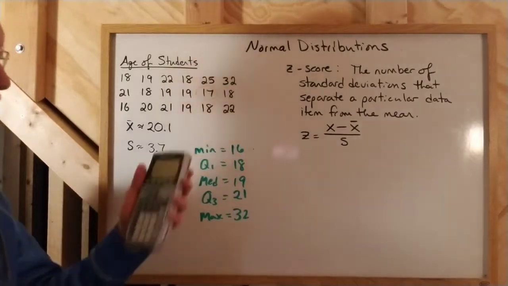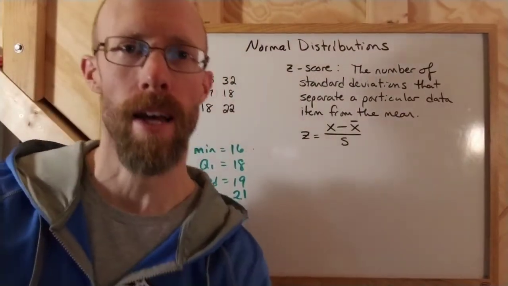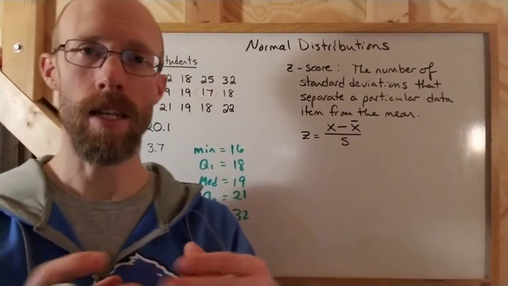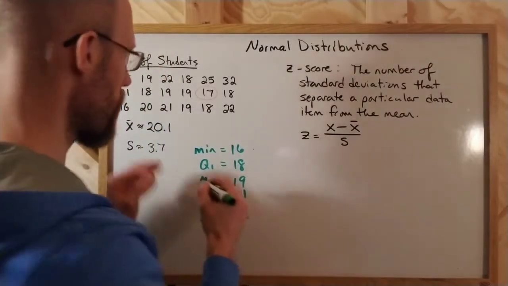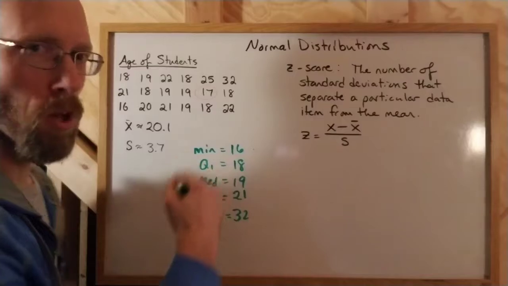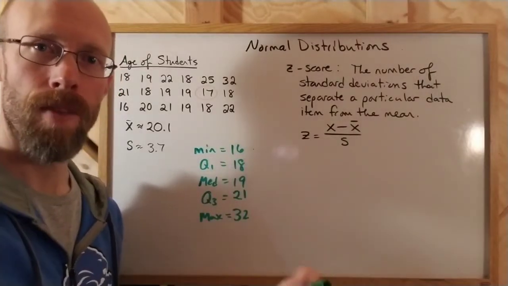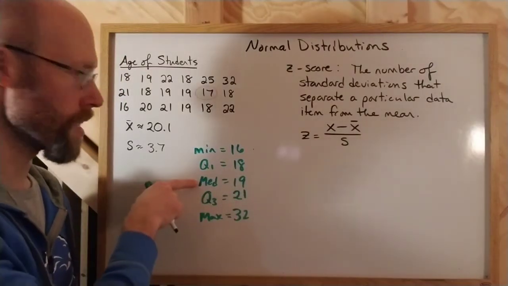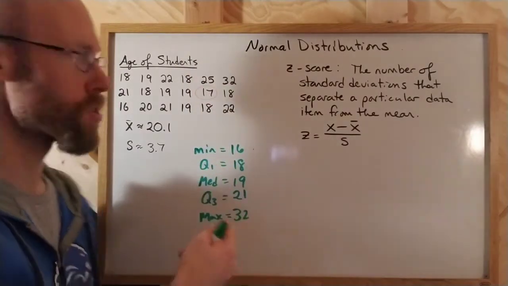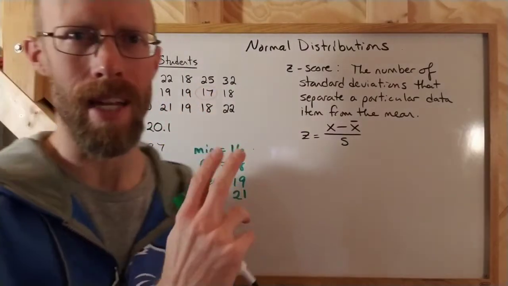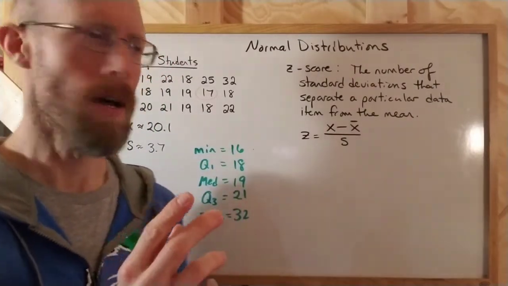Now again, this is found simply by listing out all the data items, literally listing them out in order from lowest to highest. The one in the middle is your median. If you have two in the middle, then you take their average. In this case we ended up with two 19s, as we've seen in a previous video.